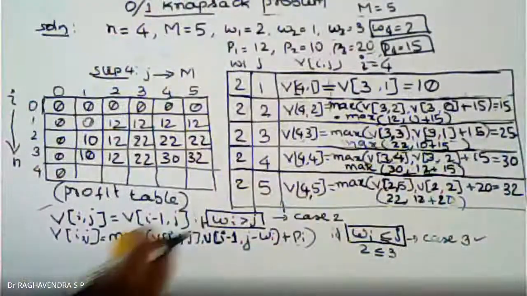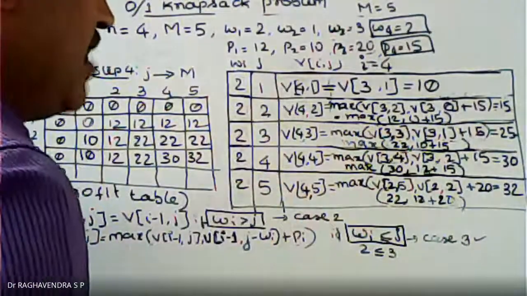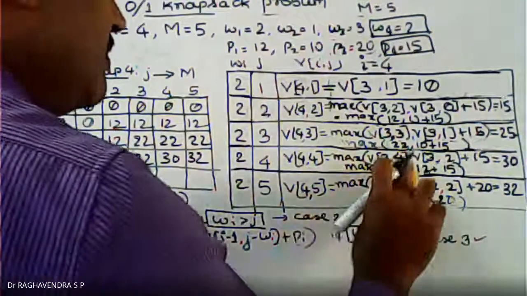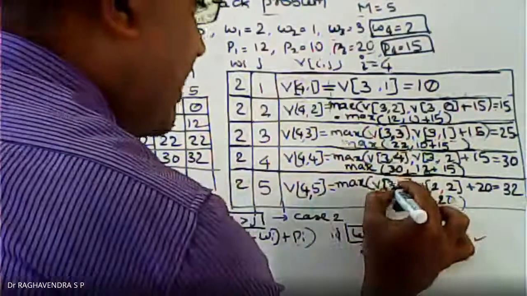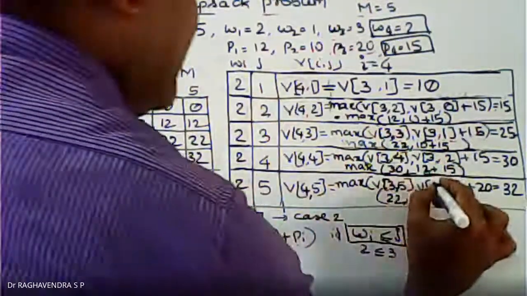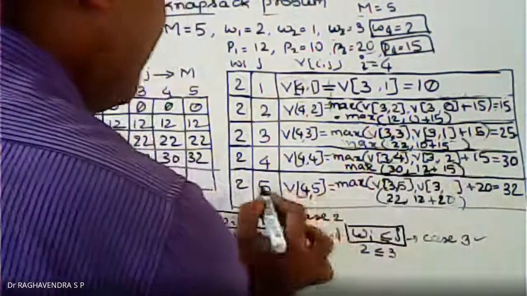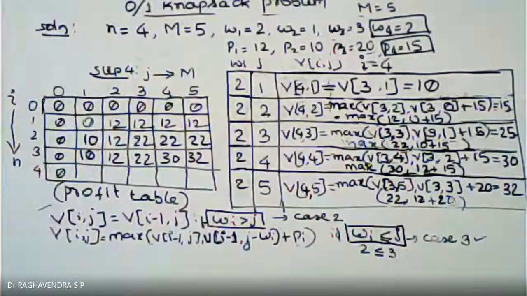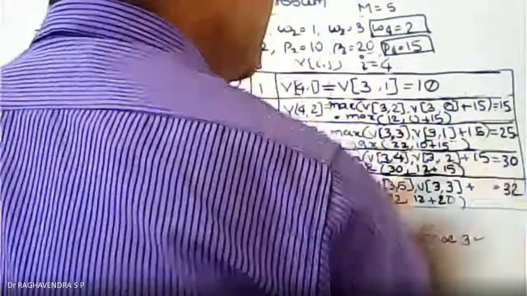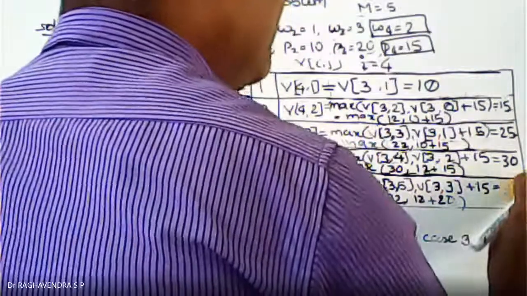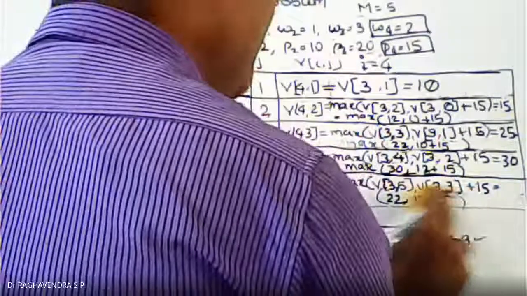So next, the final value, we have to find 4 comma 5. Once again, it fits case 3. So we have 3 comma 5 and 3 comma J minus Wi, 5 minus 2, that is 3. 3 comma 5, and 3 comma 3 plus the profit, that is 15. So find out the value.